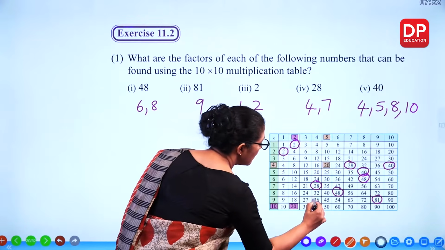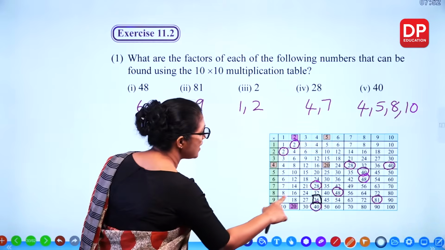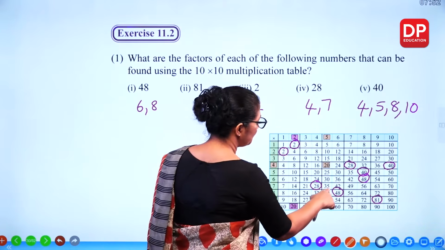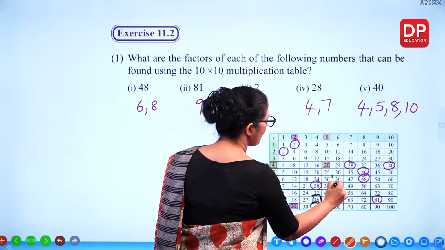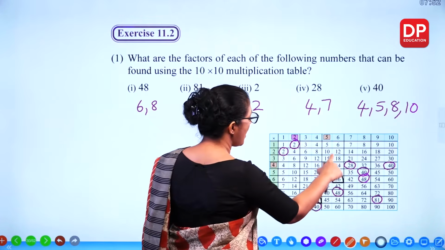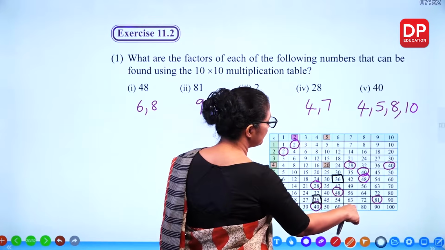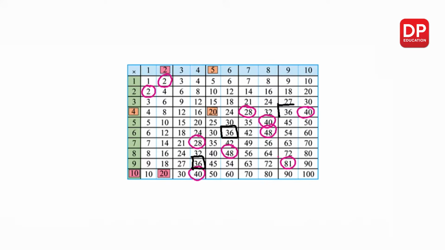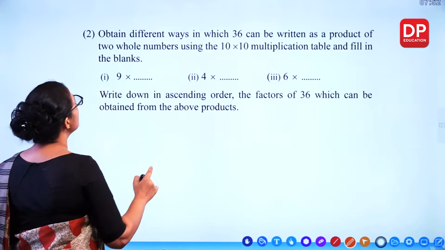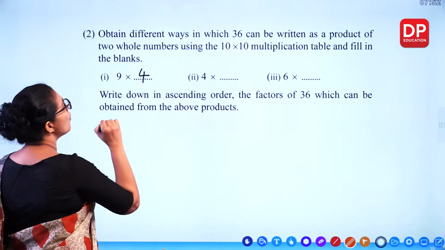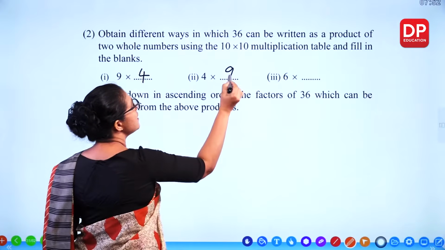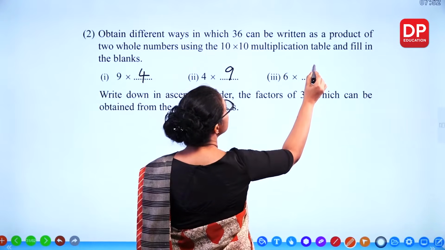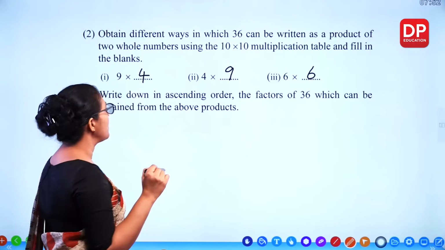Check this one. 9 times 4. 6 times 6. 4 times 9. So 9 and 4, 4 and 9, 6 and 6. Those are the three possibilities.